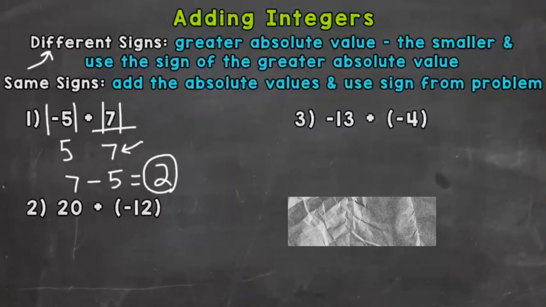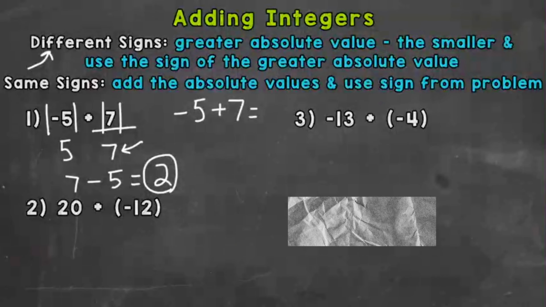Now the other strategy we can use would be using our overall number sense and knowledge of integers in order to solve this using mental math. So let me rewrite the problem. We have negative 5 plus 7. So one way to think through this problem using mental math would be thinking, okay, we're starting at negative 5 and we're adding a positive 7.